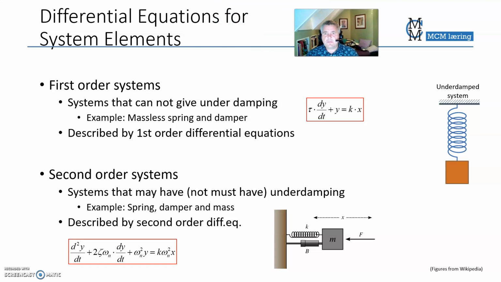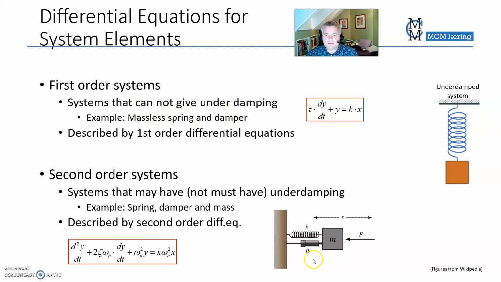When you have dynamic response, you actually have a differential equation that explains or models the system. So for first order systems, you have a first order differential equation, and for example here, a system, a massless spring and damper.